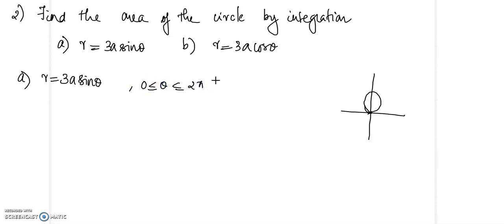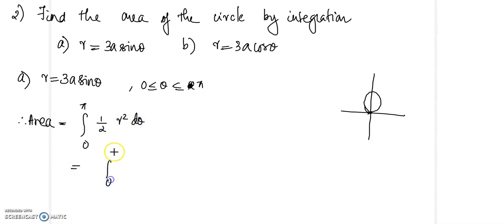So therefore the area will be given by integral 0 to pi. The circle is traced exactly once in the interval 0 to pi. So area will be integral 0 to pi 1 by 2 r square d theta.